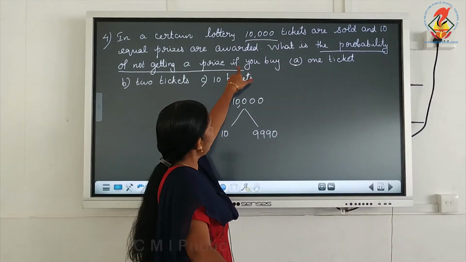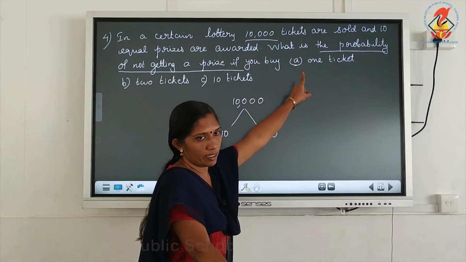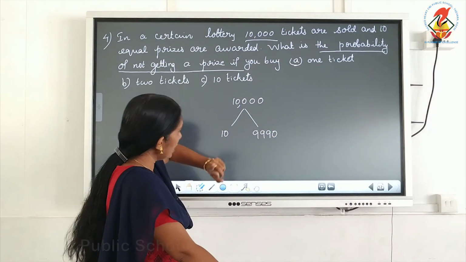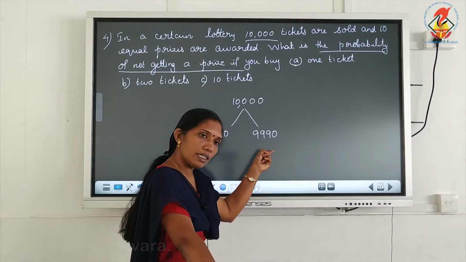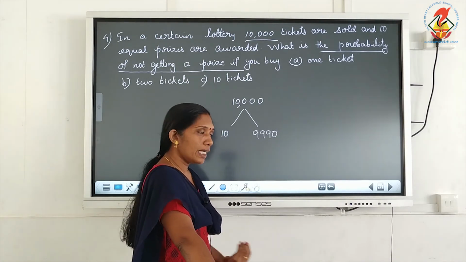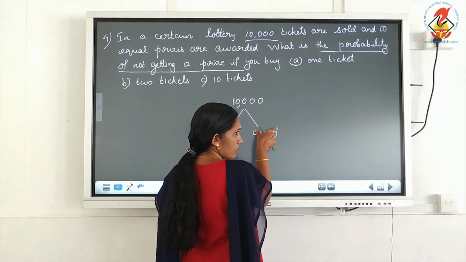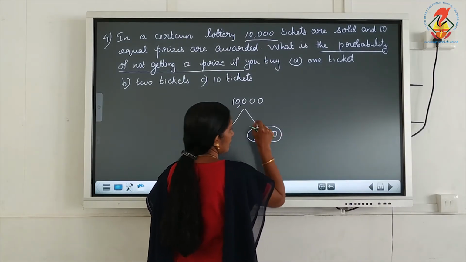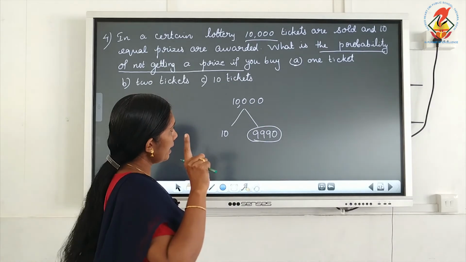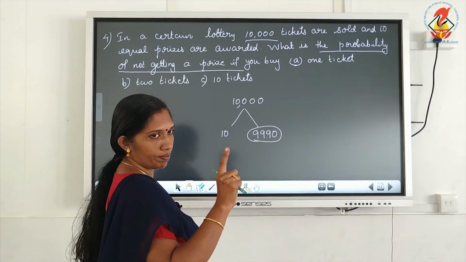So here the question is based on not getting a prize. And if you buy 1 ticket, is this 1 ticket from 10 or 9,990? Not getting a prize means from this. So from 9,990, how many tickets? 1 ticket.